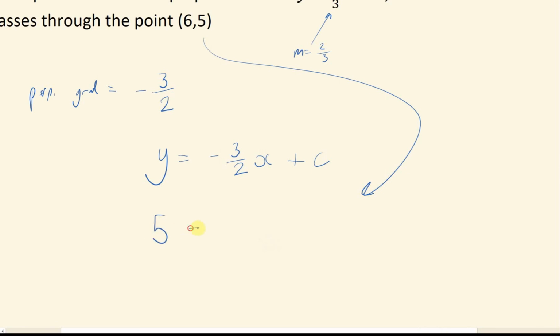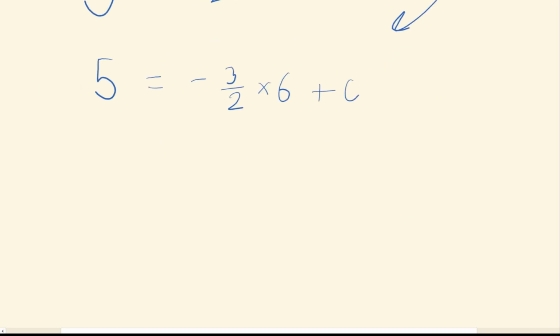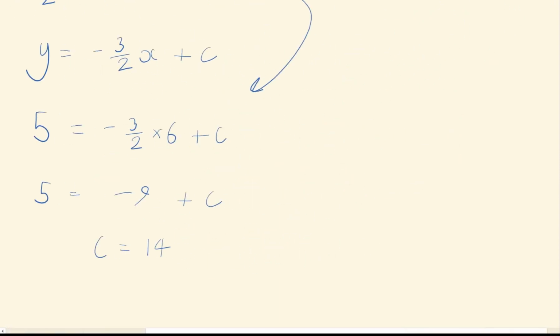This is slightly more awkward because we have a fractional gradient, but it doesn't change too much. So we do minus 3 over 2 times 6, which gives you minus 9. Therefore c must be 14. And then we're done. The equation of this line is y equals minus 3 over 2 x plus 14.